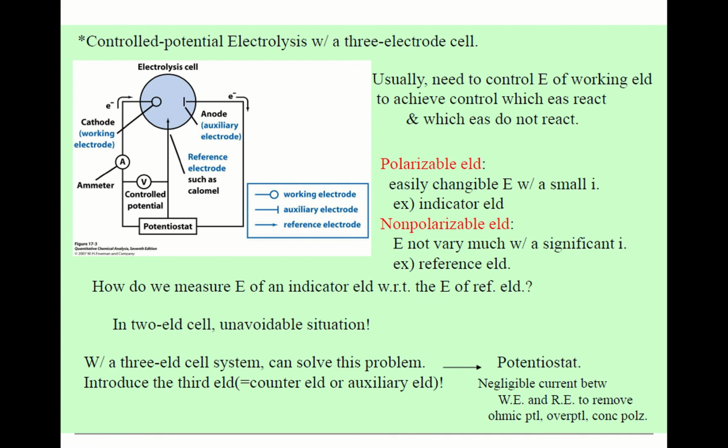This may cause great difficulties in potential determination. Why? With current flow, there is no assurance that each electrode potential is defined.